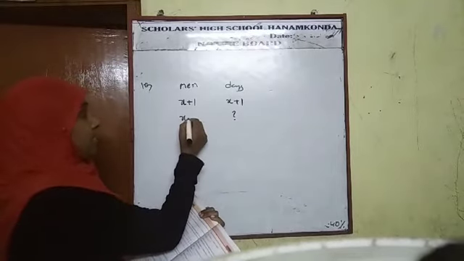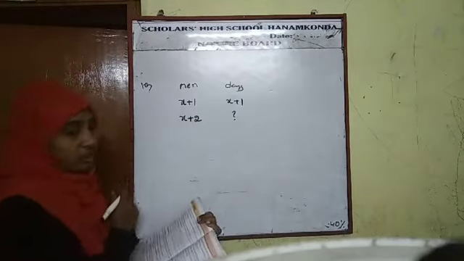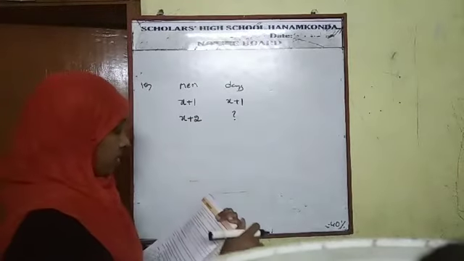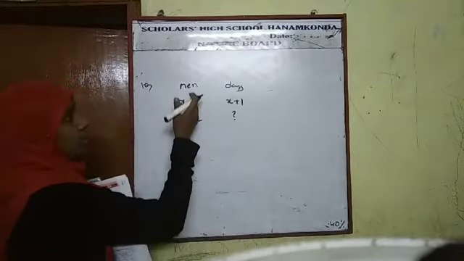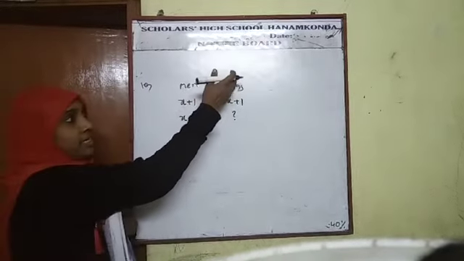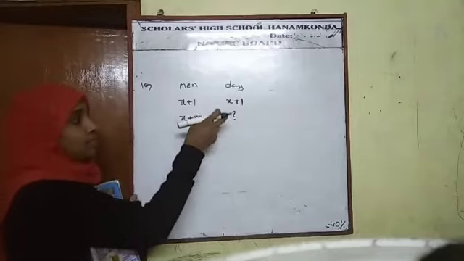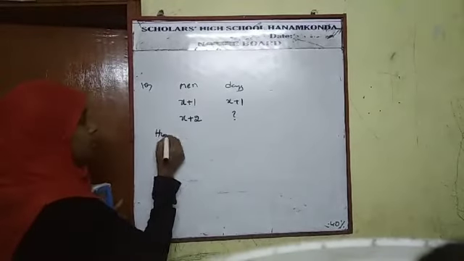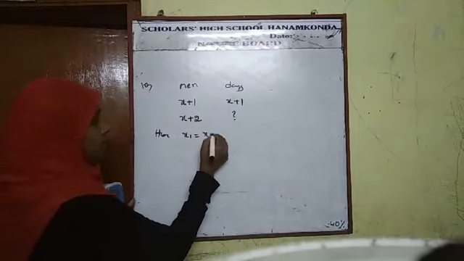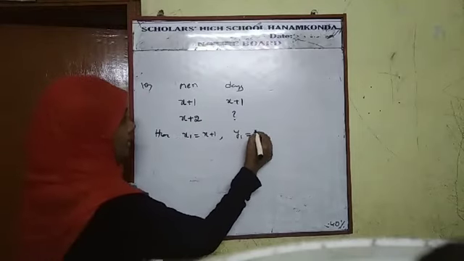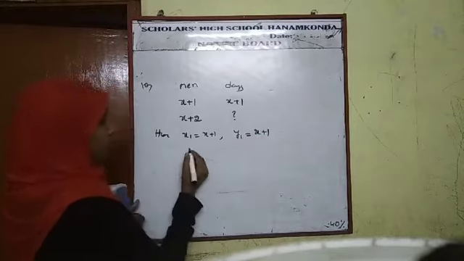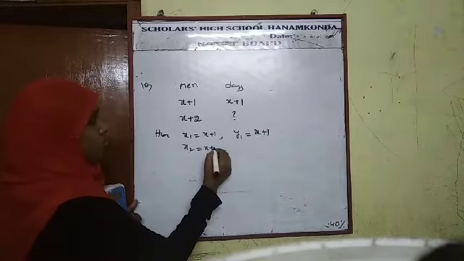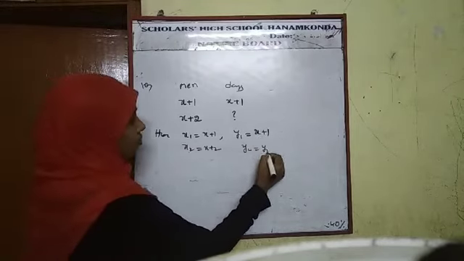If one man is increasing, that means x plus 2 men. If the men are increasing, the days are decreasing, so the quantities are inversely proportional. So take x1 as x plus 1 and y1 as x plus 1. Next x2 as x plus 2, y2 as y2 only.